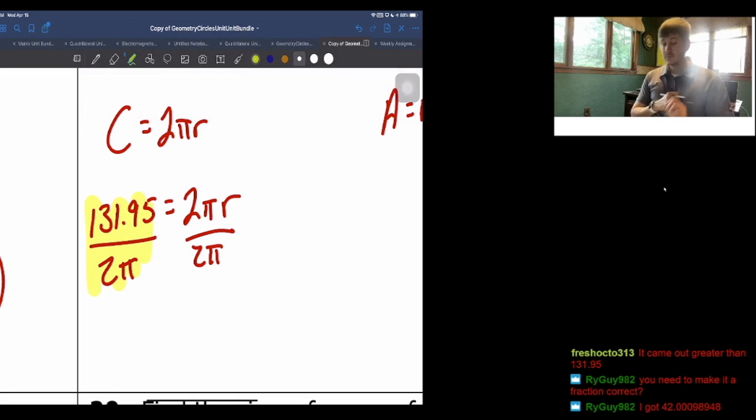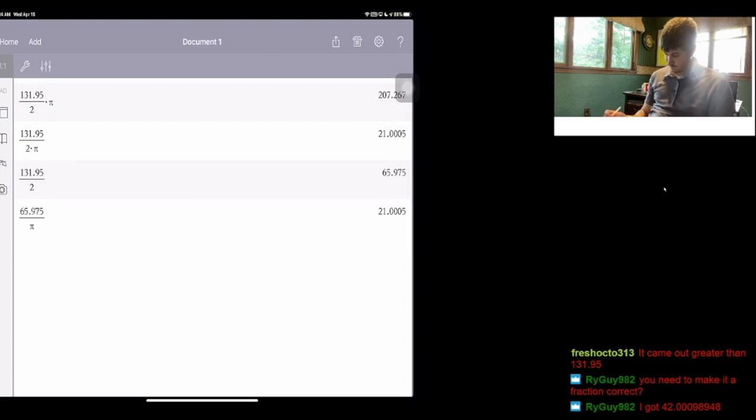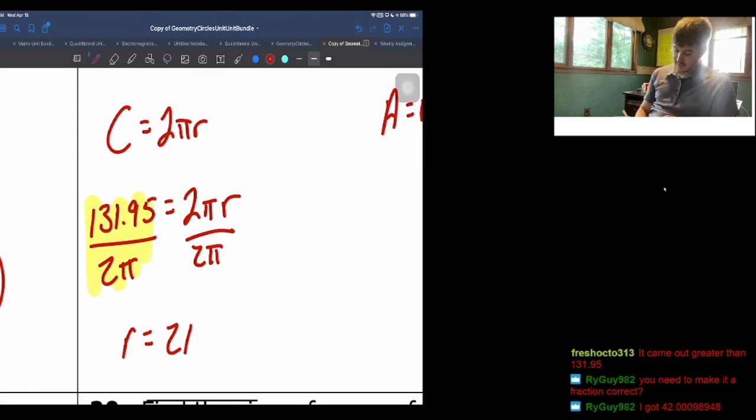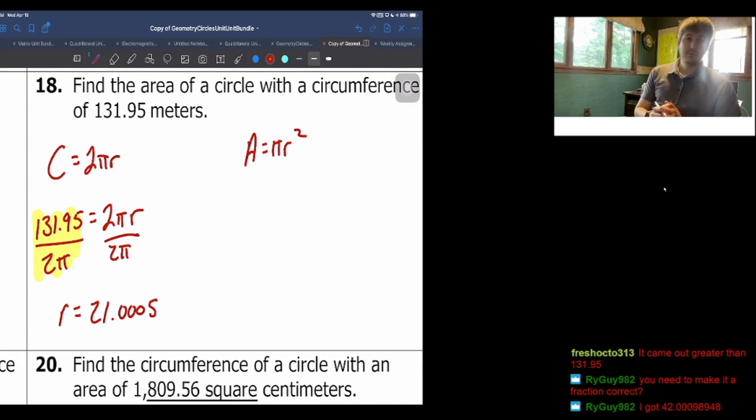All right. So we get the value of r is, what is it, 21 basically? 21.0005. I'm sure there's more to that, but that's just what that calculator rounded to, so that's what I'm going to use. Then we can plug this in, pi r squared.